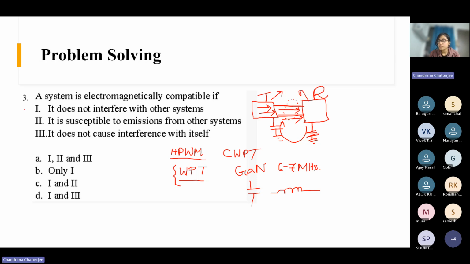That is more difficult to measure and also more difficult to mitigate than conducted emission. For conducted emission you can use EMI filters. In most cases we use some filters to mitigate these effects, but for radiated emissions it is more difficult.